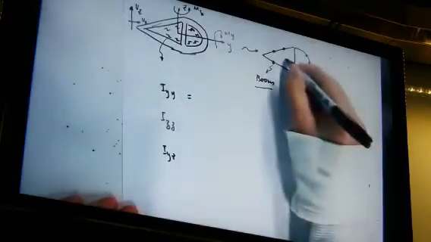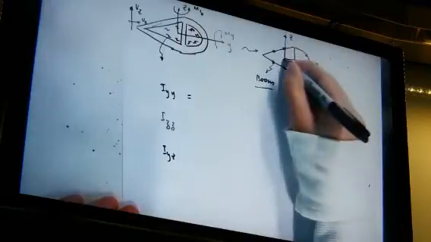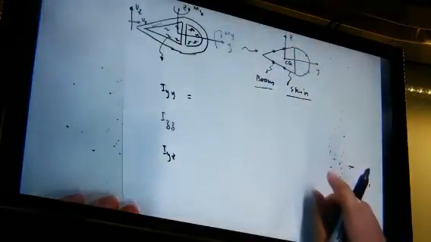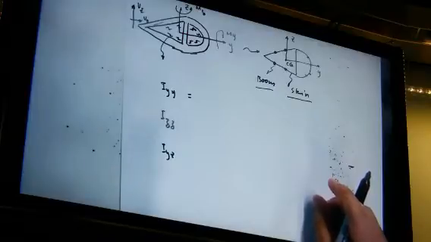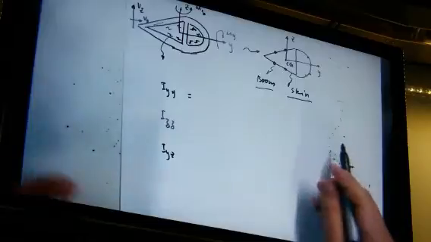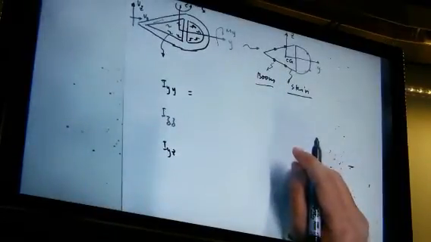If this is y, this is z, this is the center of gravity. So the first step is to identify where is the center of gravity. If the cross-section is symmetric about every axis, it should be in the middle point. But here, maybe it's not that symmetric. You need to identify where is the center of gravity first.